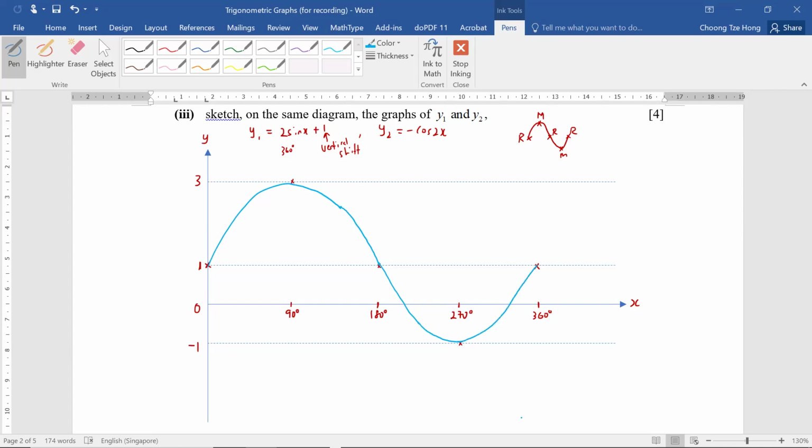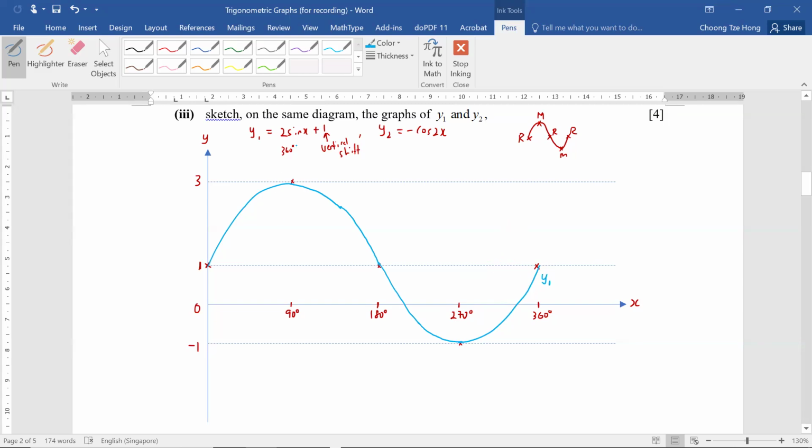Nice. This part I think I can make slightly nicer. The important thing is to try to make your graph smooth. Something like this. So the blue one will be y1. Let's call this y1.